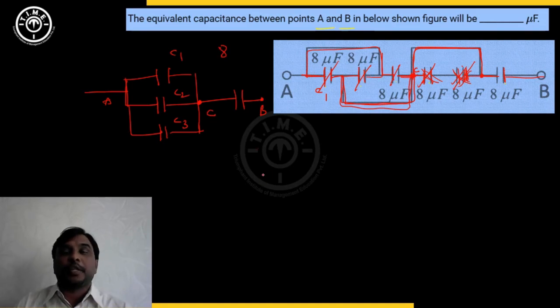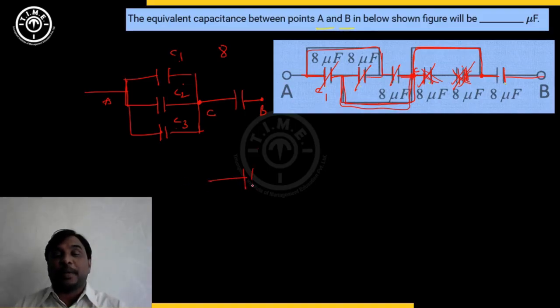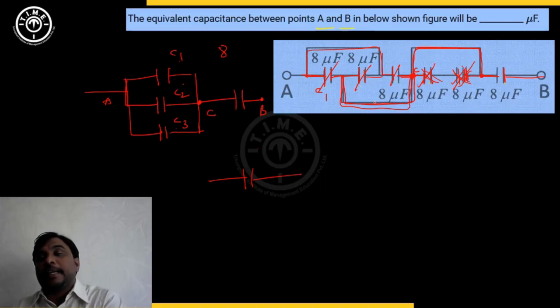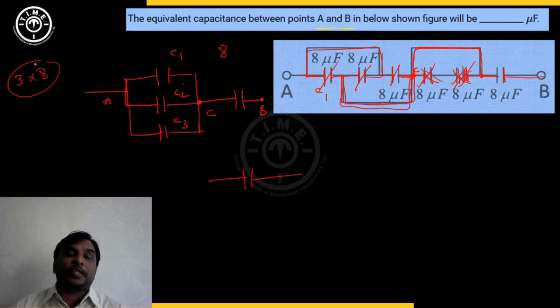Now look at the circuit. C1, C2, C3 are connected in parallel, so the effective capacitance becomes the sum of the same capacitances. So for n identical capacitors connected in parallel, the effective capacitance becomes nC. How many capacitors? 3, each of 8, so this becomes 24. And one more capacitance, it is 8.